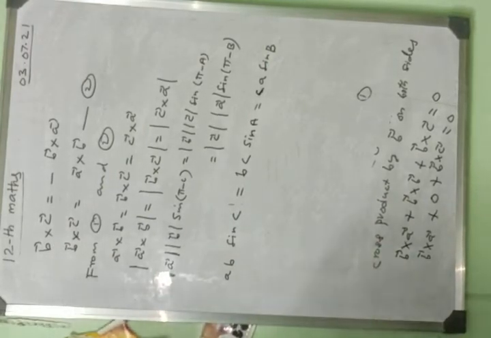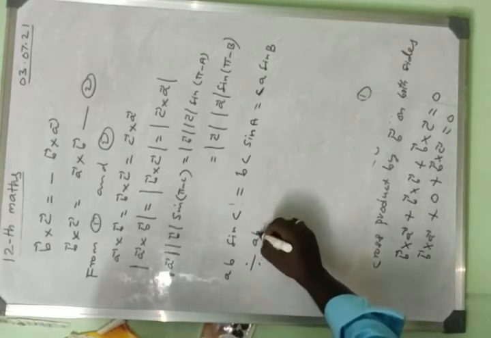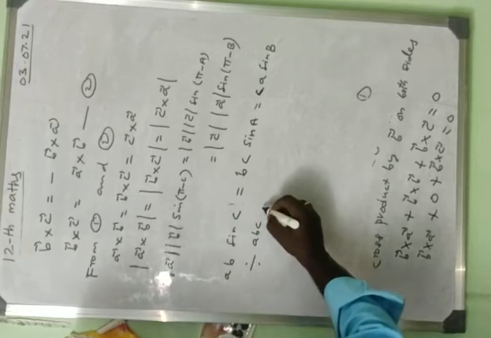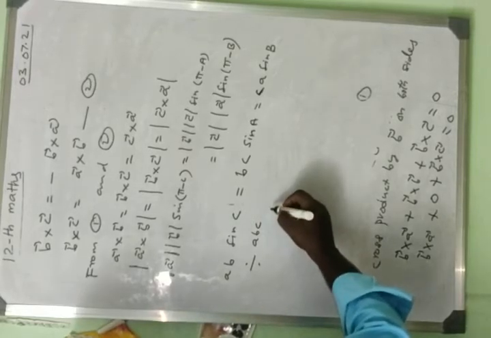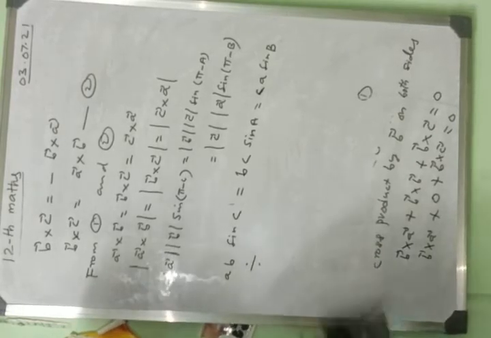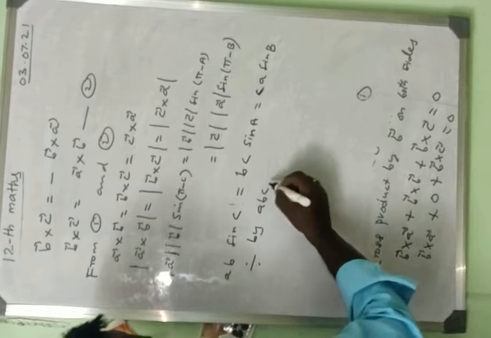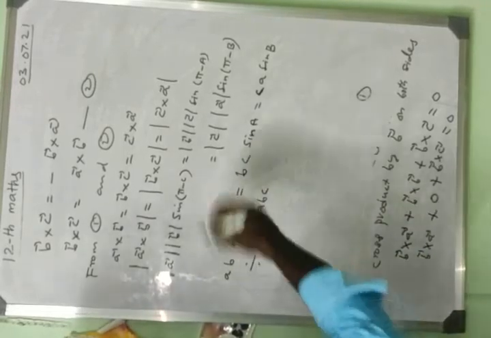What is the next step? Next we divide by ABC on both sides. Divide all terms, not just both sides, all terms.